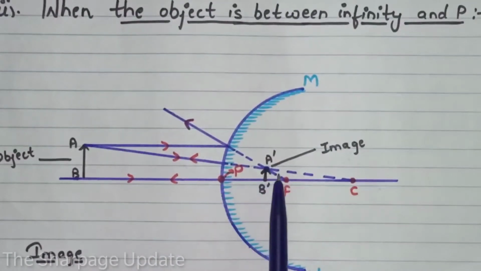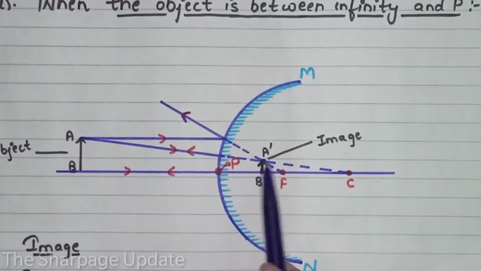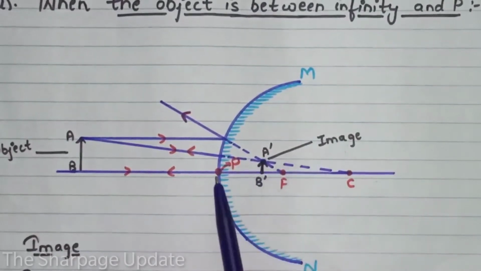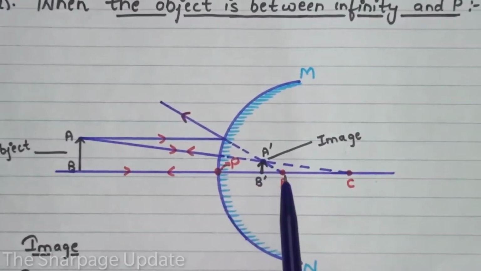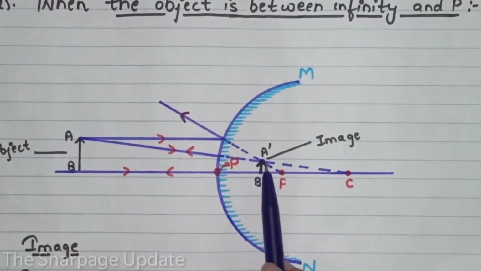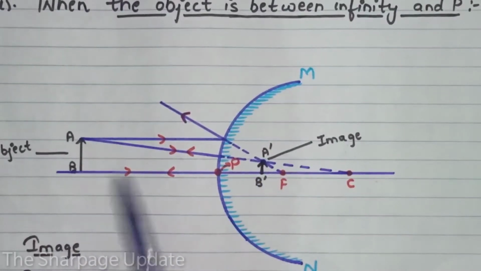Now, what do we see here? Students, as we can see, these two rays are meeting here. So, the image is formed between the pole and the focus. And you can see the size of the image is smaller than the object. So, what is the size of the image?